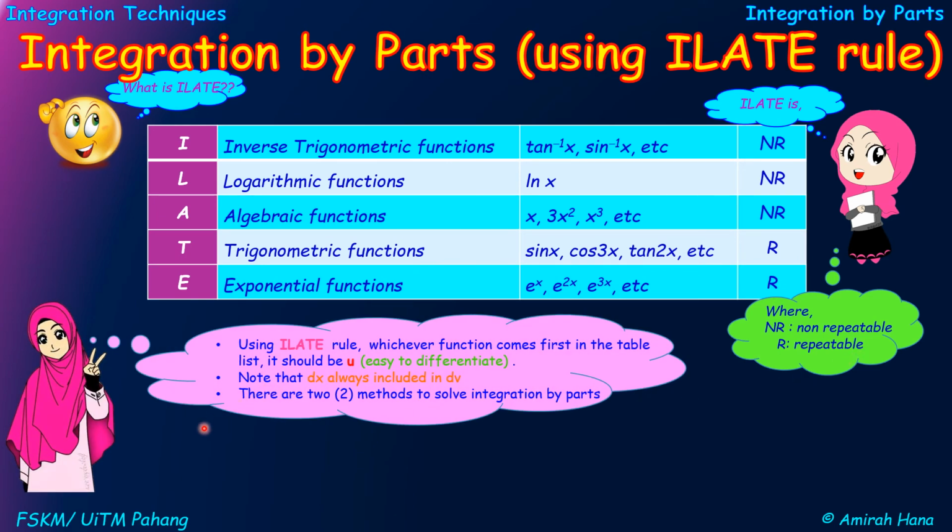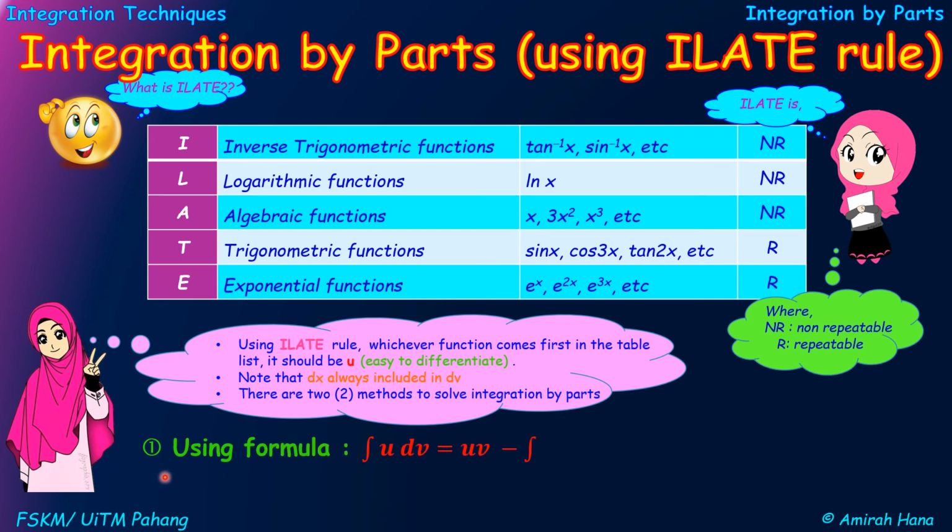Using the ILATE rule, whichever function comes first in the table list should be u, which is easy to differentiate. Note that dx is always included in dv. There are two methods to solve integration by parts.